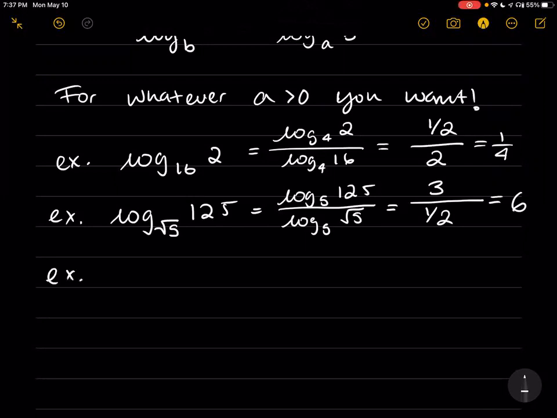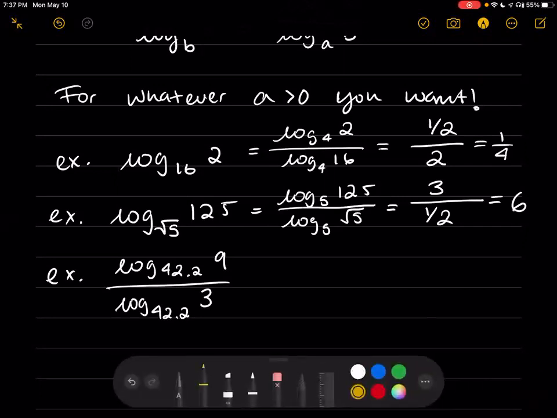If we had something weird like, let's say, log base 42.2 of 9 over log base 42.2 of 3. That's wacky. But notice that the logs have the same base, top and bottom, 42.2.